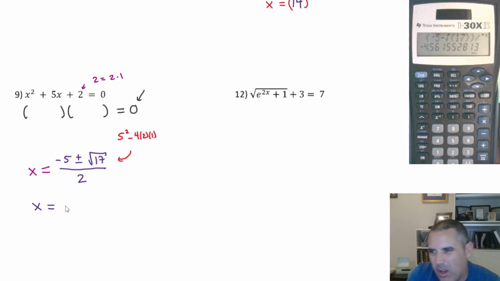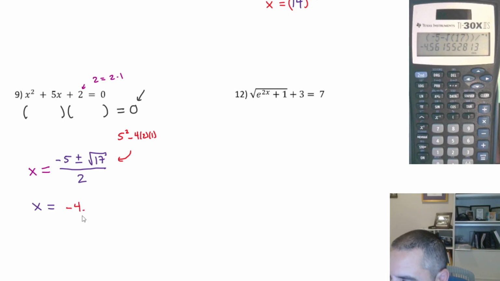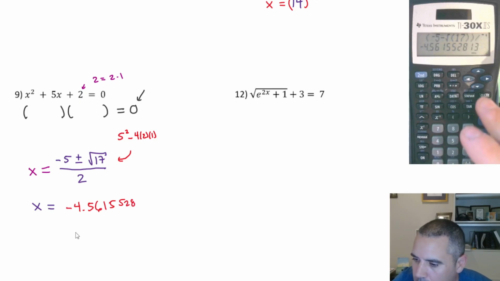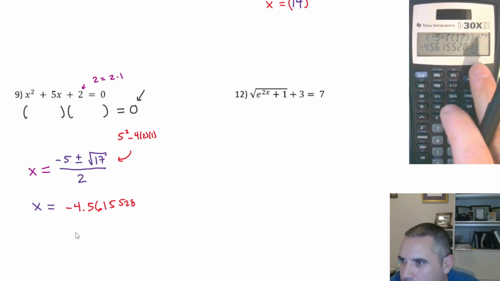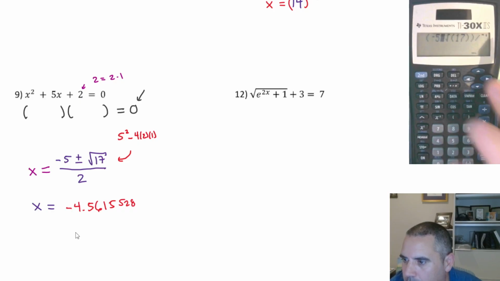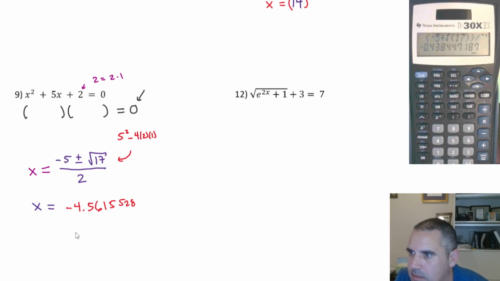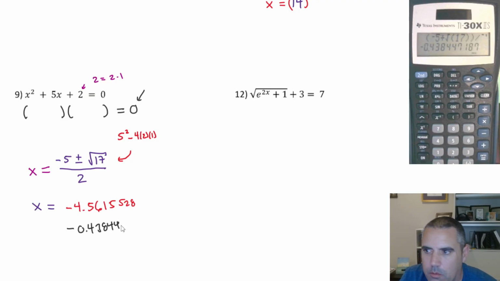Now these ones probably, as I think about it, might be easier to check as a decimal. So I will write this down if we're continuing our little checking thing. And the other one, one thing you can do in this calculator is you can just hit up. You can go over, hit plus. There we go. Negative 0.438447187.